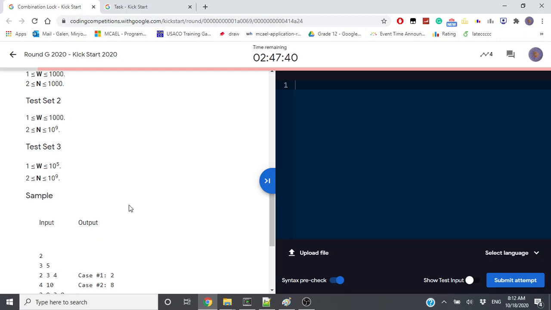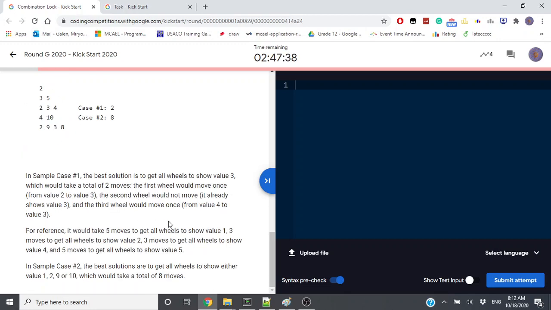Test set 1 is simple. Test set 2, test set 3 are weirder. At least this isn't heuristic brute force though. That's nice. I like that. So we somehow have to try this stuff efficiently.